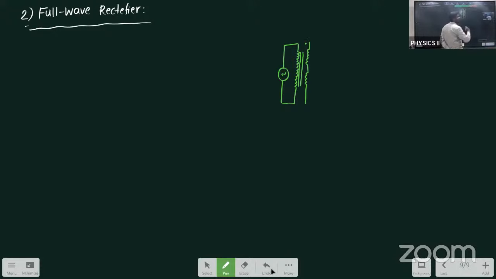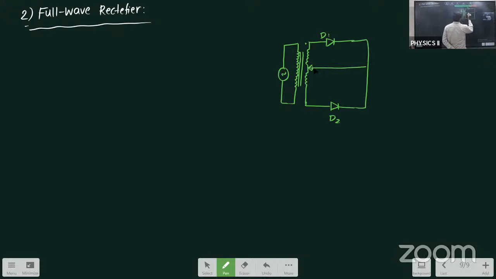Here in the half wave rectifier, we utilized only one diode. Here we'll be using two PN junction diodes. Here I'm writing this one as diode D1. I have one more diode, which I'm writing as D2. Finally, I will be using a special type of transformer.